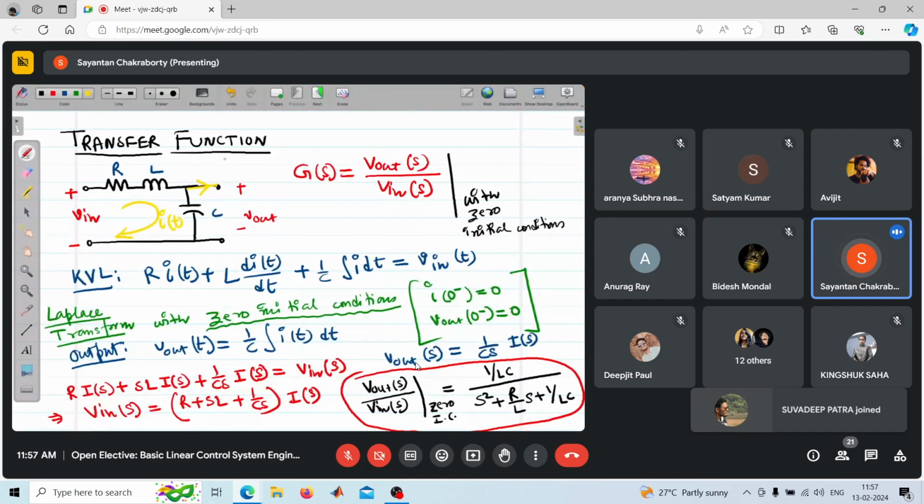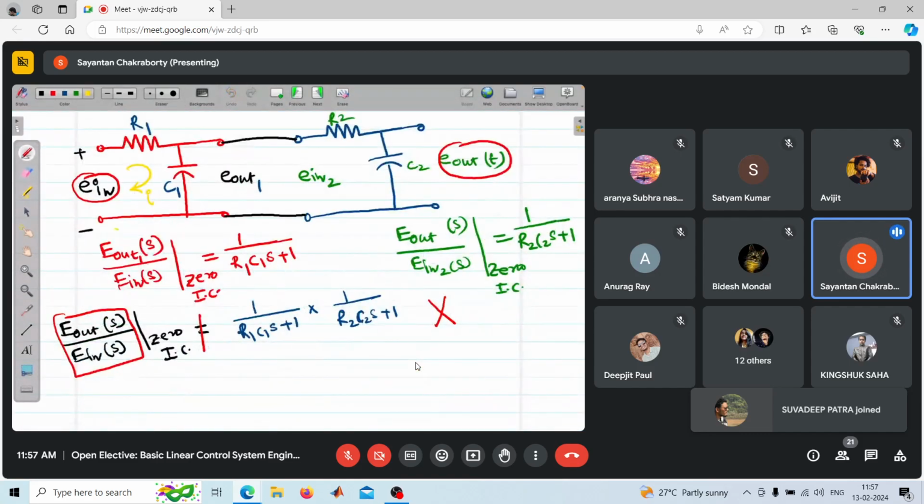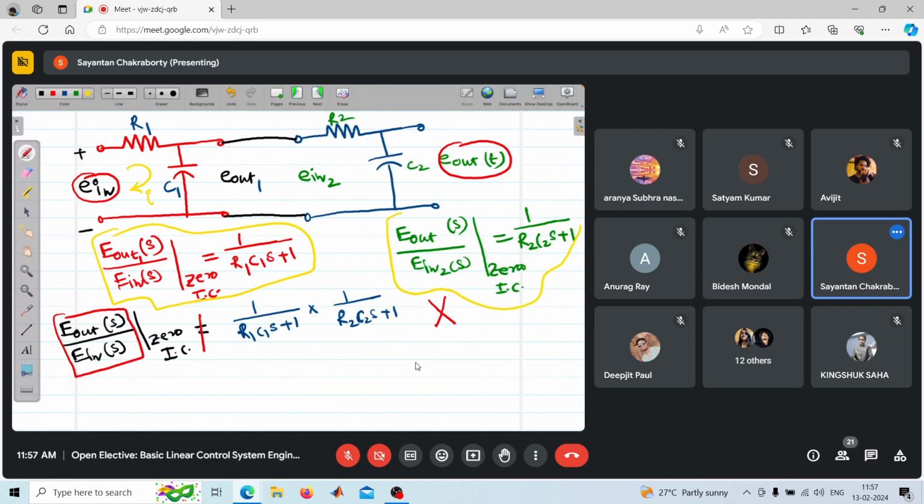No power is drawn from the output. While deriving this individual transfer function, that condition was satisfied for each of these cases. But as soon as you cascade them, what will happen? Power will be drawn from this output by this circuit.